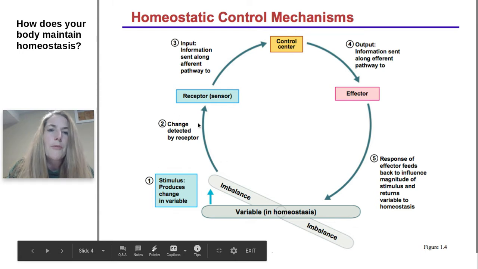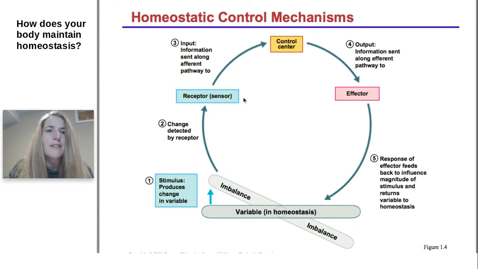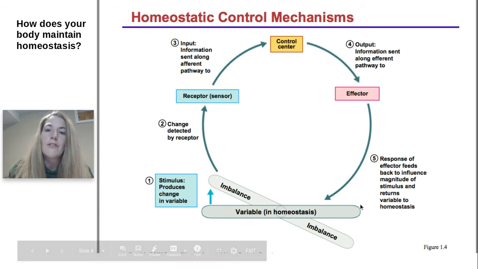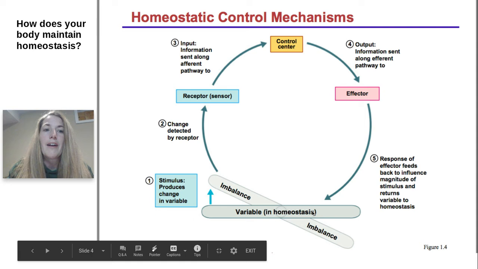Then you have a receptor somewhere in your body that recognizes that you're no longer in balance. That causes your brain to do something. It's going to send a message to an effector, which means it's something that's being done, which will cause the value to go back in.